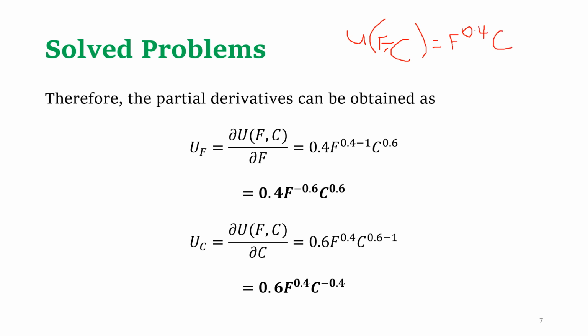And then C to the 0.6, right? Voila. Now we want to find the partial derivative of this utility function with respect to F. Now, how do we get this one? It is simple. So I want to differentiate this function with respect to F, right? I am only going to differentiate this utility function with respect to F, and then I hold C constant.